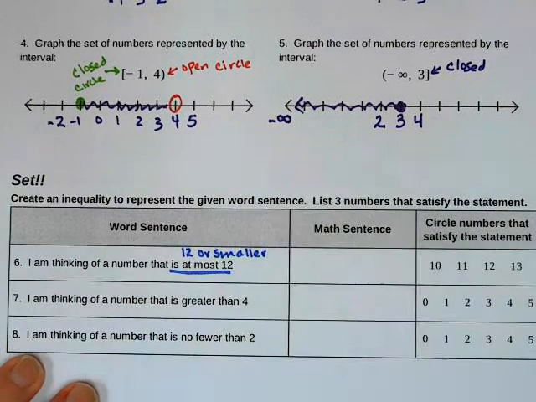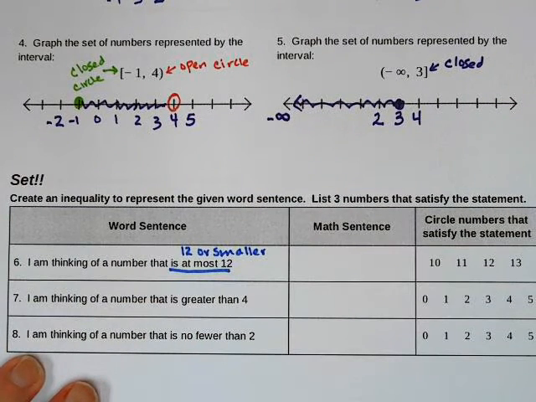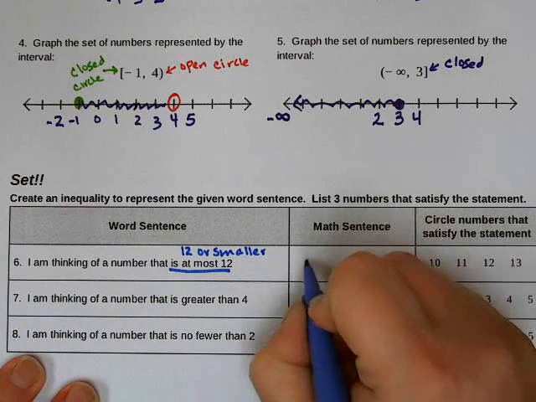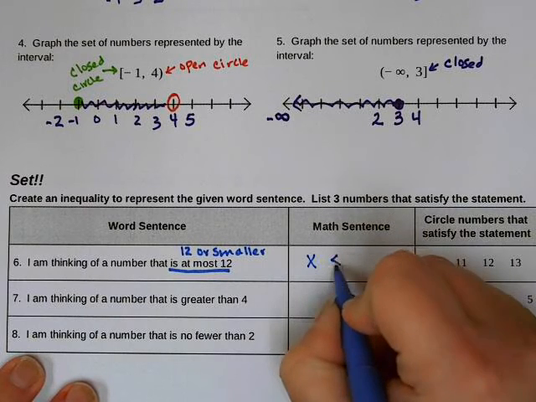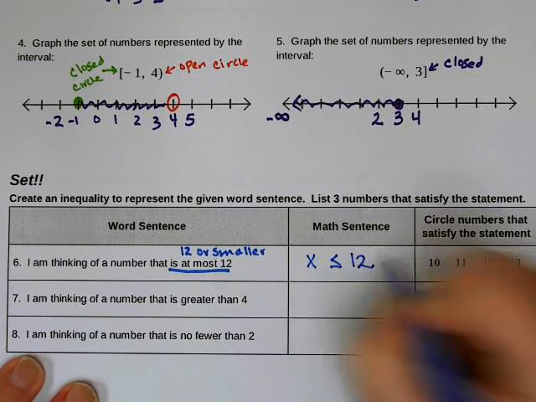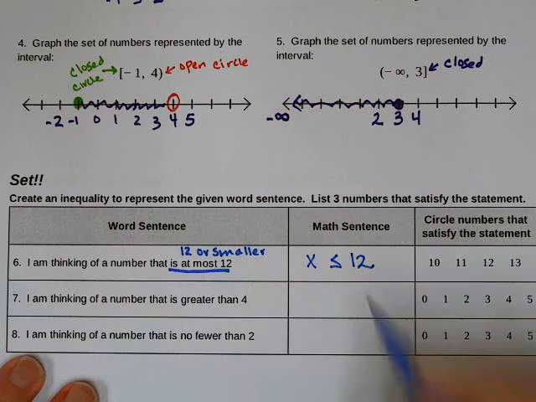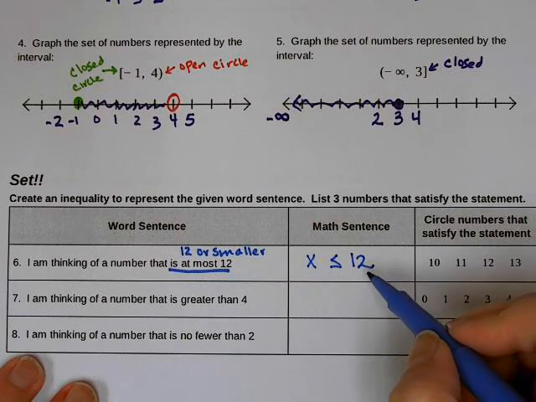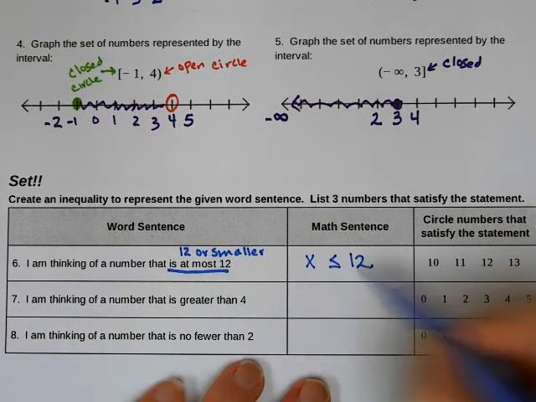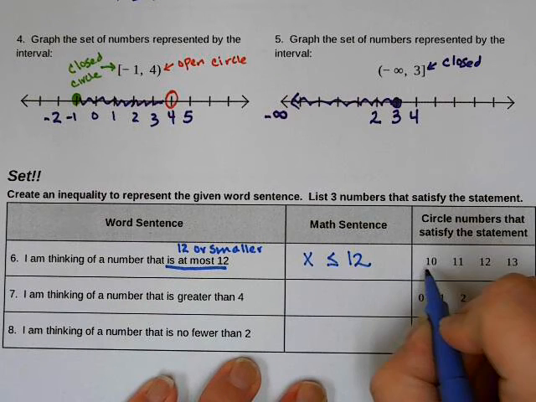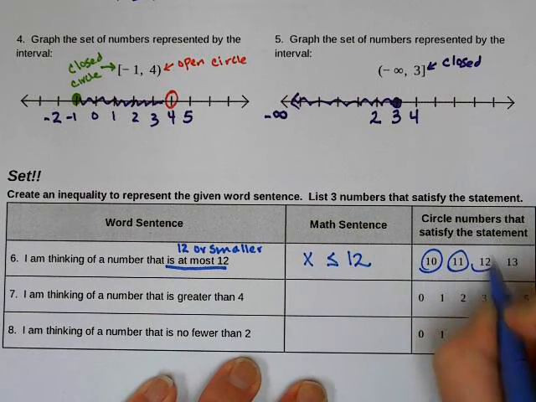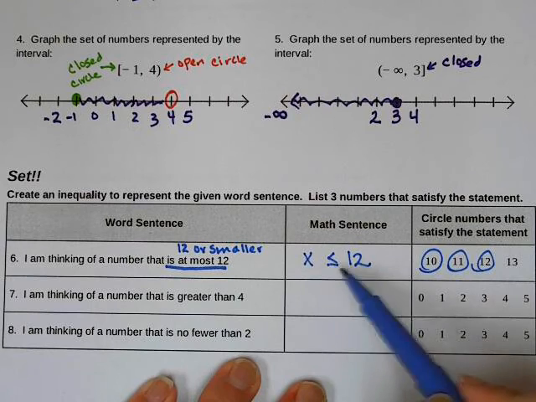So if we think about our different inequality symbols, the symbol that goes along with that is less than or equal to. So we want numbers that are less than or equal to 12, because that's going to give me numbers that are smaller than 12, or I could have 12 itself. So if we think about the numbers that satisfy that, 10, 11, and 12 are all less than or equal to 12.